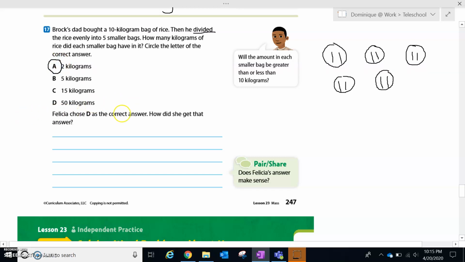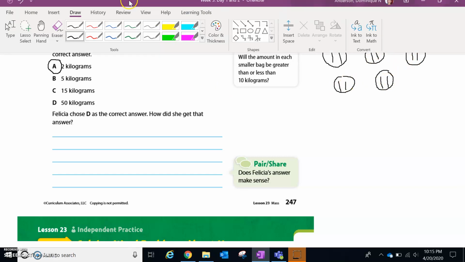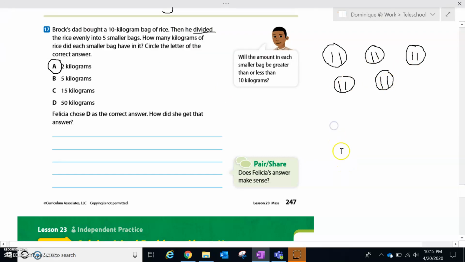Now it says Felicia chose D as the correct answer. How did she get that answer? So she said it was 50 kilograms. So what did she do, guys? So if you said she put 10 kilograms in each bag, you are correct. So instead of dividing, she actually multiplied. She did 10, 20, 30, 40, and 50. We're going to say Felicia multiplied 10 kilograms by 5 bags instead of dividing.